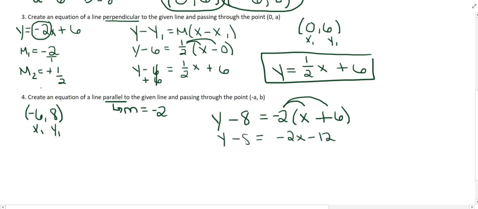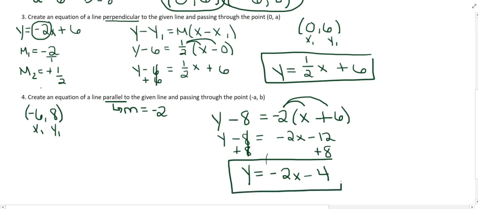Bring down the y minus 8, and then I'll isolate y. I'll add the 8 to both sides. I need to add it to the negative 12 because they are like terms. Cancel these out. I get y equals negative 2x, negative 12 plus 8, minus 4. So there's the equation of the line parallel. And that covers everything for this topic.